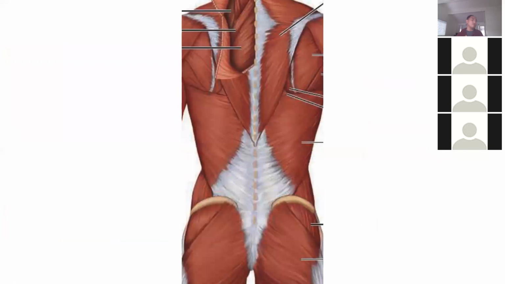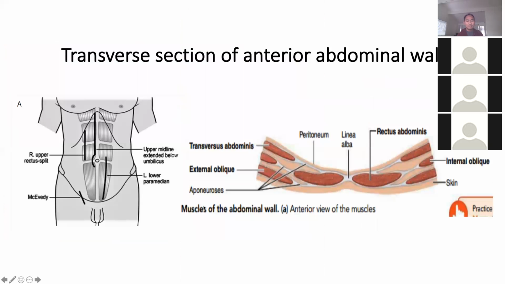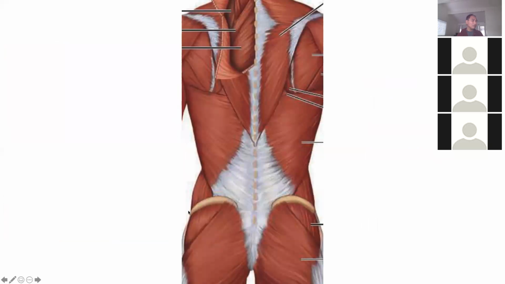Of course, at the back of the abdomen, you know that already. It's too boring for you guys. The trapezius muscle, which is triangle, and the latissimus dorsi muscle here, and aponeurosis over the latissimus muscle. And this is the ilium on the left. This is the ilium on the right.